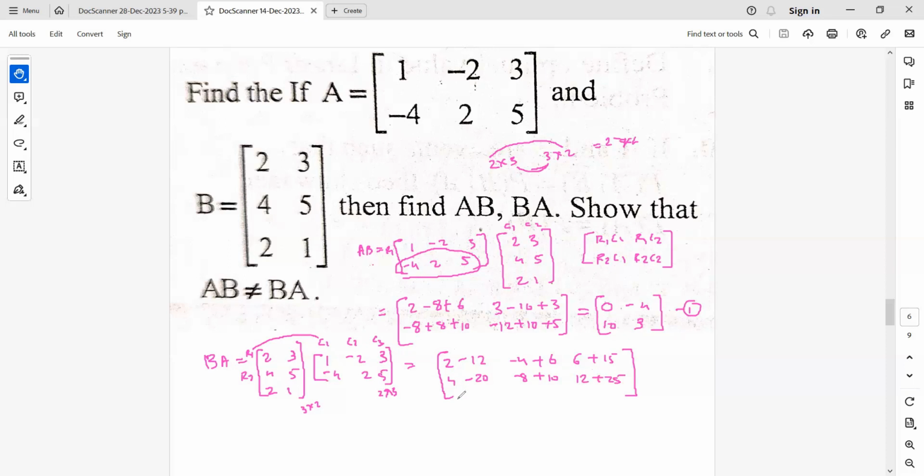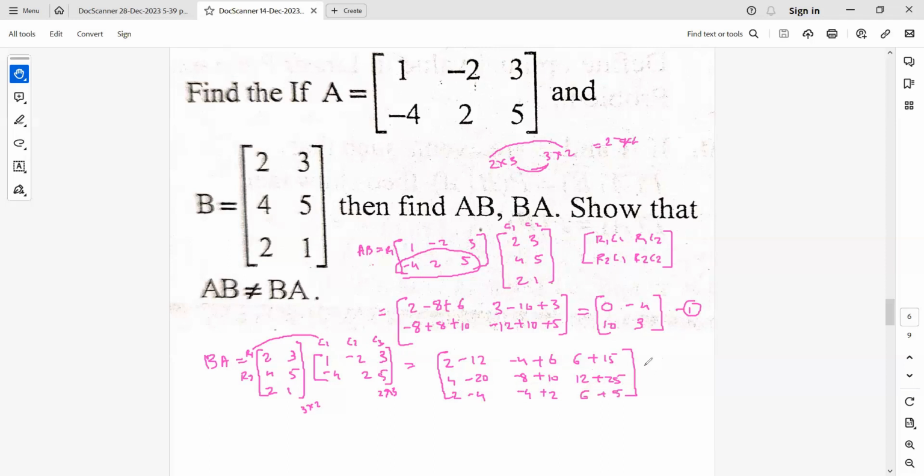Next, similarly, now R3 into C1, 2 into 1 is 2, and 2 into minus 2, minus 4, and again plus 2. And then the last we have here 6 plus 5.